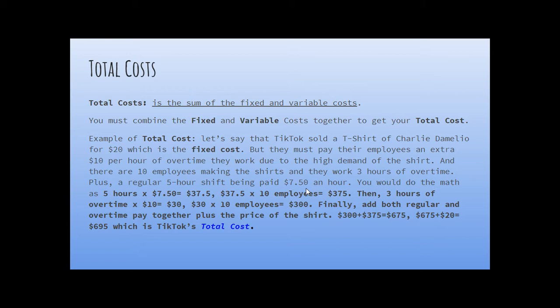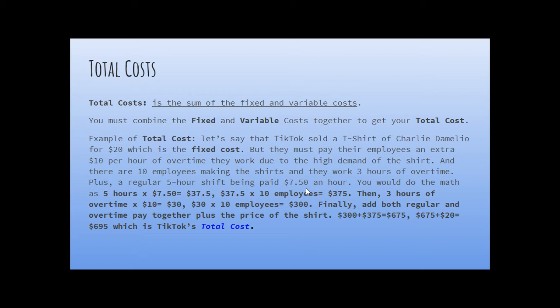Okay, so we have $7.50 an hour. We're going to multiply that by the number of hours the employees are working, and we get $37.50. Then we're going to multiply this by the number of employees we have, and that gives us $375. So that's just for our regular work shift.